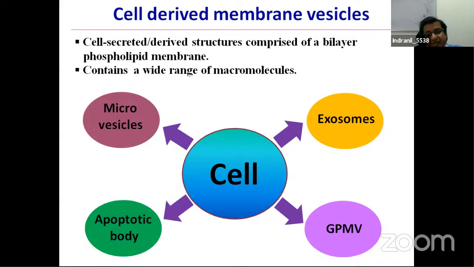In layman's words, they are vesicles because they are enclosed entities. They are parts of the cell membranes or lipid membranes that hold certain inner components, and these vesicles have different sizes and different functions.